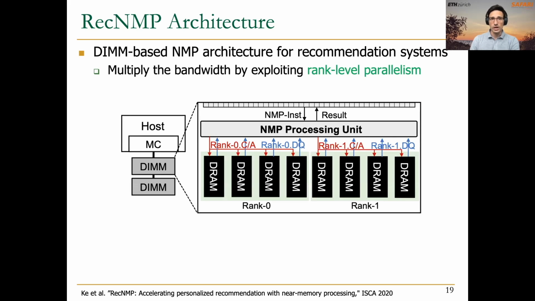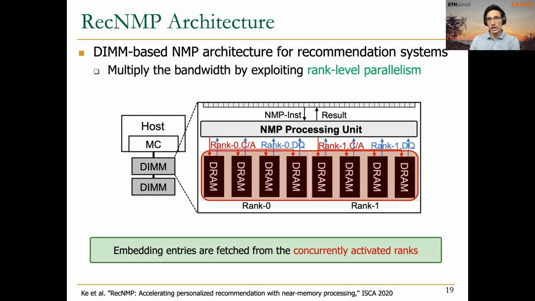For example, the RecNMP architecture that was presented in ISCA 2020 proposes to extend the DIMM with near-memory processing units that are directly connected to the banks in order to access the embedding entries directly from the ranks and concurrently activate the ranks, exploiting this rank-level parallelism.